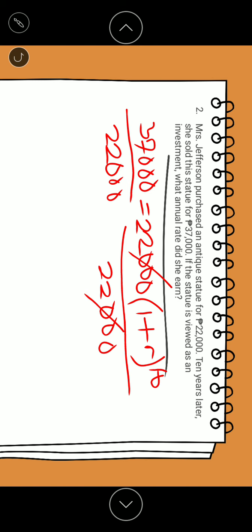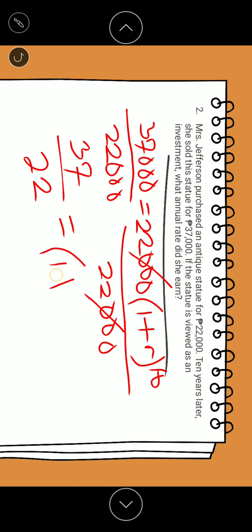So we need to simplify the 37,000 over 22,000. So the simplest form of 37,000 over 22,000 is 37 over 22. And we copy 1 plus R to the power of 10.